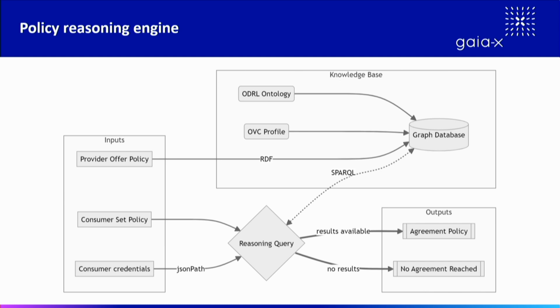The database itself is augmented with the provider's policy as RDF, and it also contains a VC profile and the ODRL ontology. It's also worth noting that you can add any kind of ontology you want. If you already have one, or any ontology you are targeting, you can add it, and it would work. Therefore, after the query, if there are any results, then an agreement can be reached. Otherwise, no agreement.